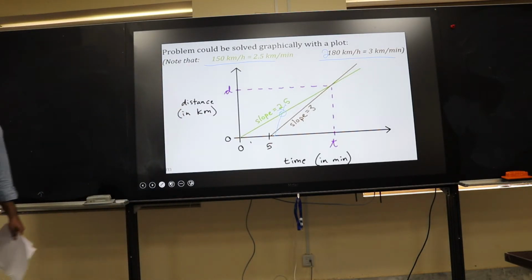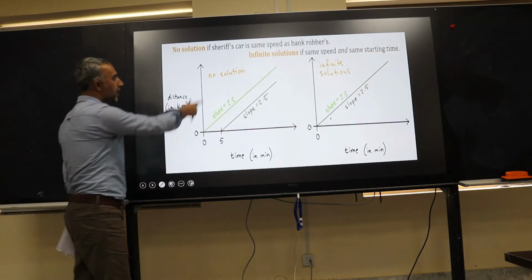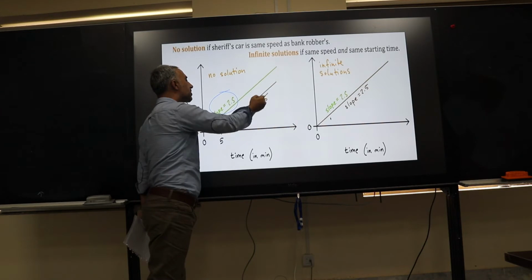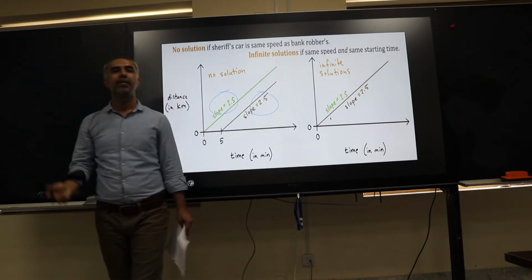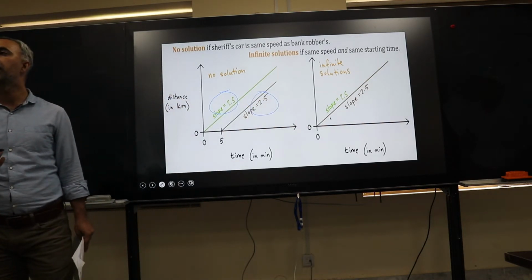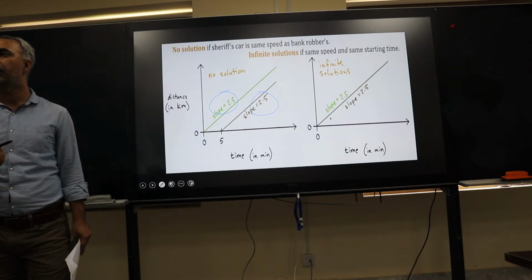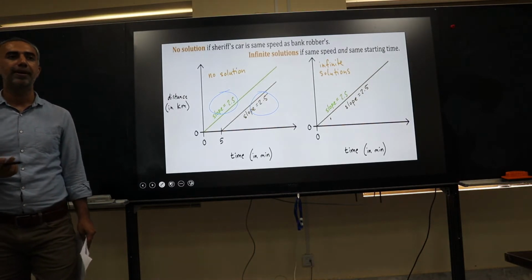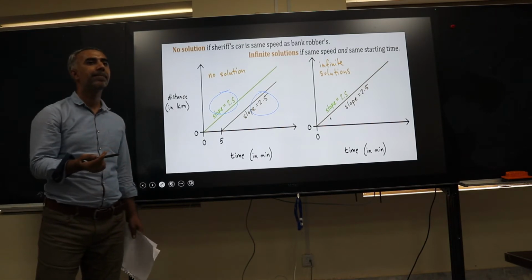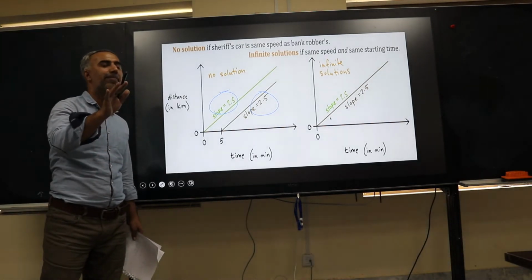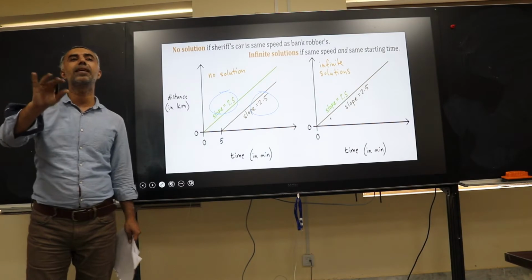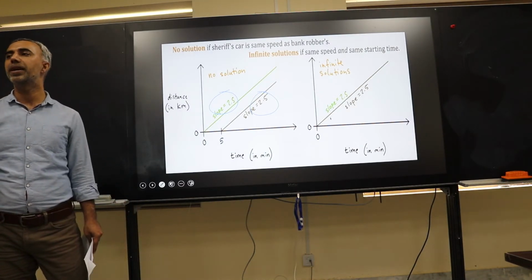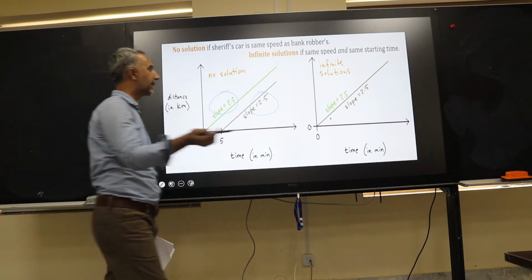However, what will happen if the speed of the robber and the speed of the police car are the same? No chase nearby will be possible. No intersection. No unique solution. They can fight. Yeah, but I'm just saying the computing model. You want to arrest him, you want to capture him, there is another thing.